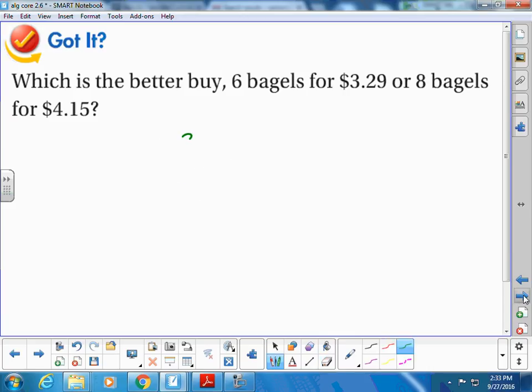So $3.29 gets me 6 bagels. So $3.29 divided by 6, it's going to cost me about 54.833333 cents. So let's say 55 cents per bagel.